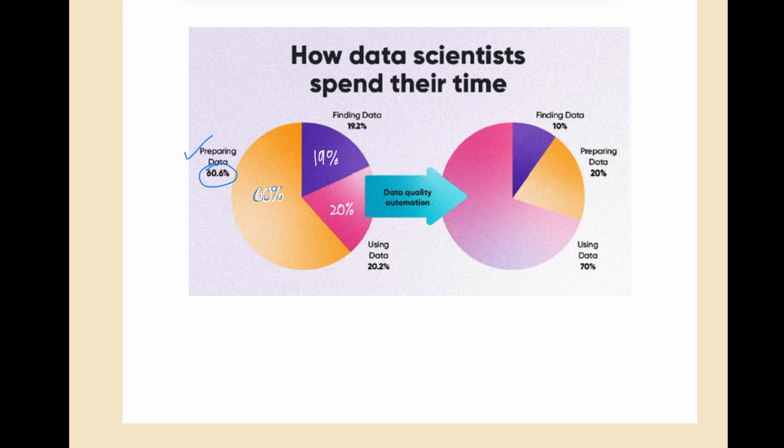And data automation, using the data for 70, preparing the data for 20% of the time, and finding the data for 10%. This is done by so-called AI.